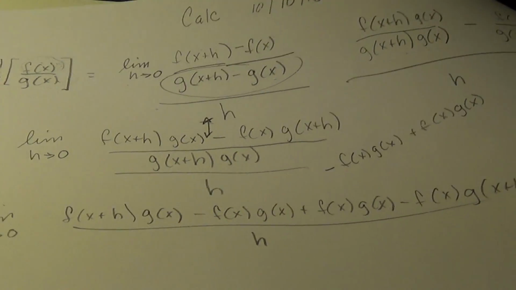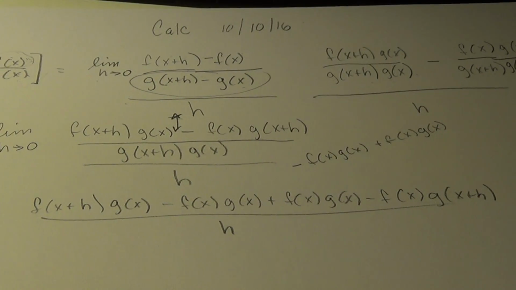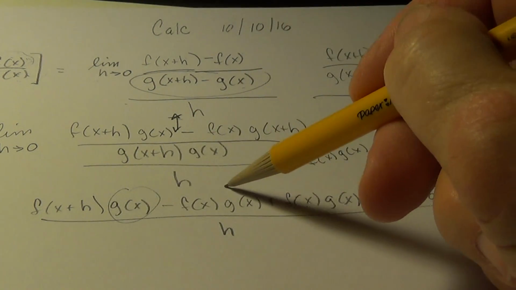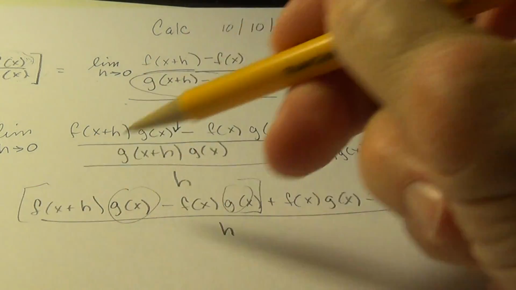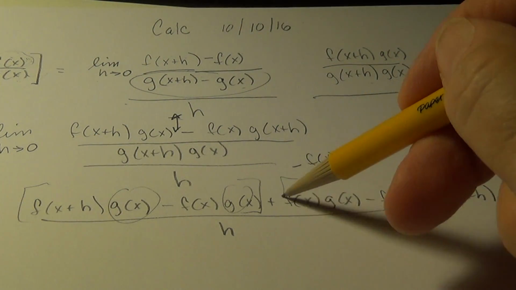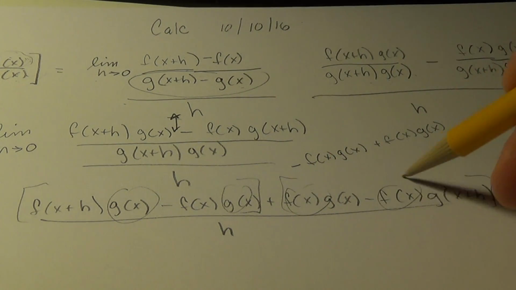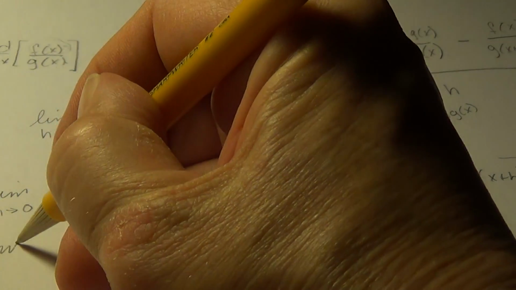Okay, hardly fits in the screenshot here. So now by grouping, I'm going to take out a g of x from this set, and from this set I'm going to take out an f of x. So regrouping.